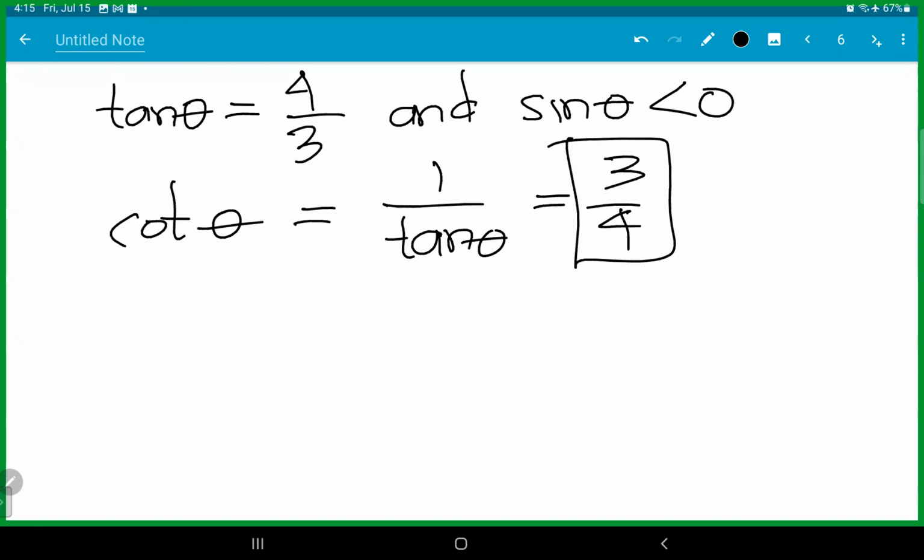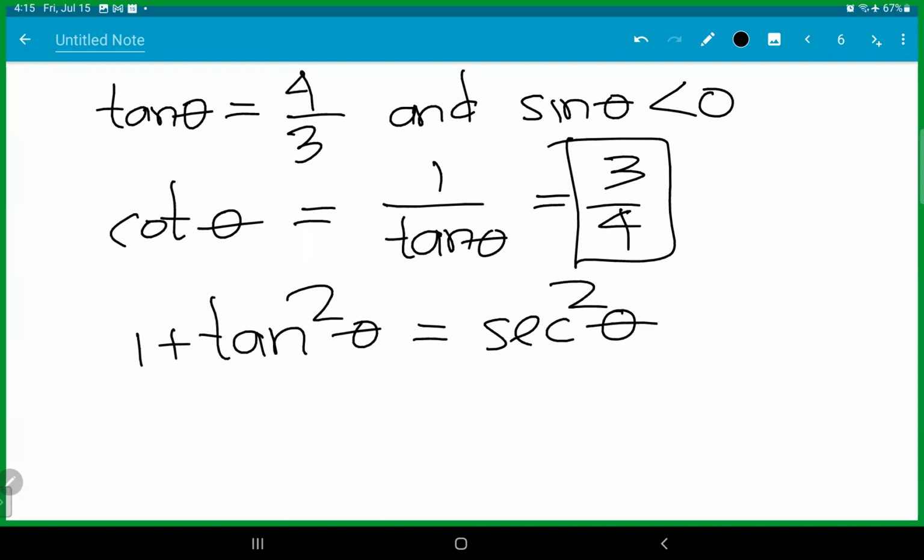Now, how do we get the other trigonometric functions? We have to use at least one of the Pythagorean identities, namely 1 plus tangent squared theta equals secant squared theta. And you're given tangent square or tangent.